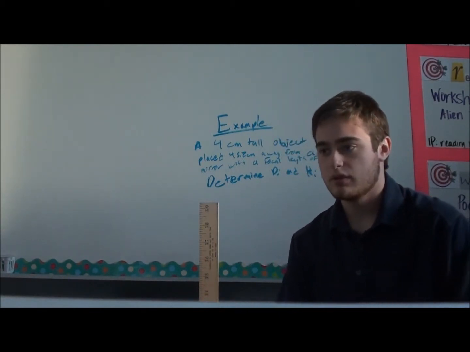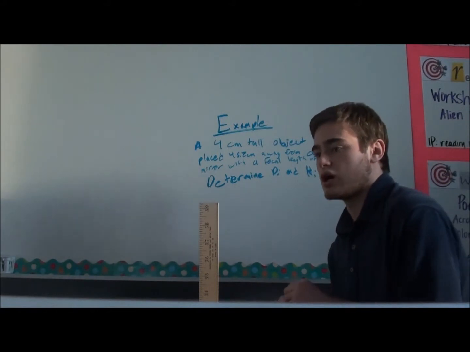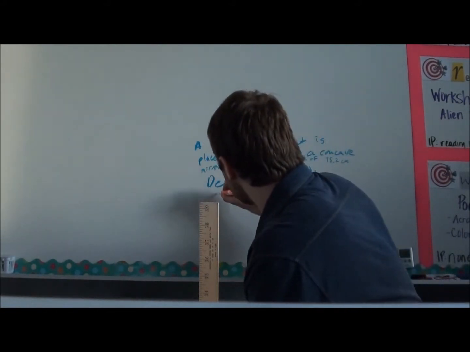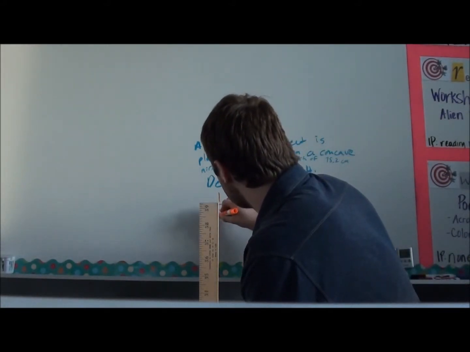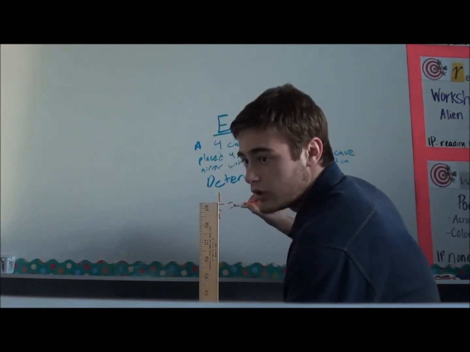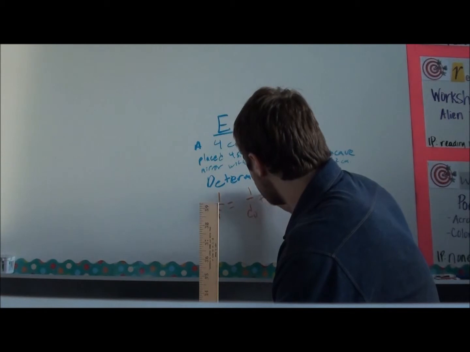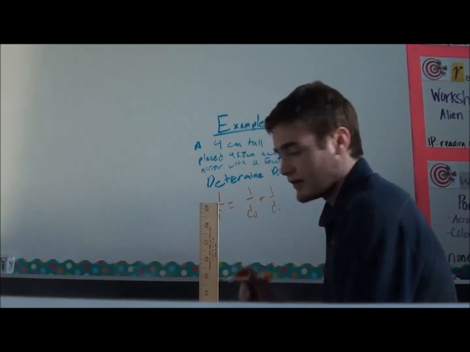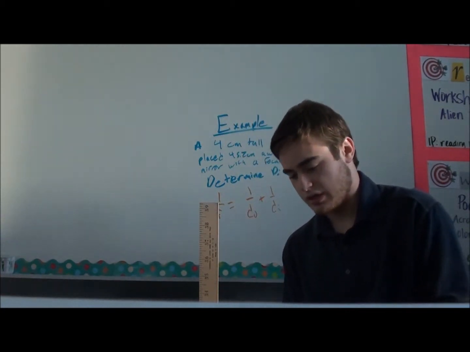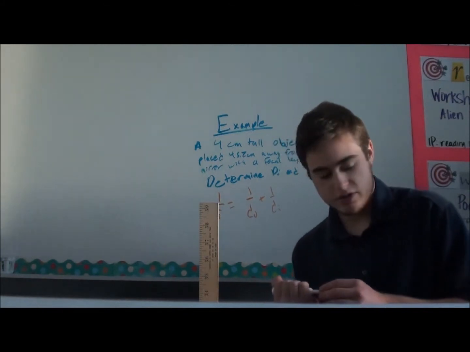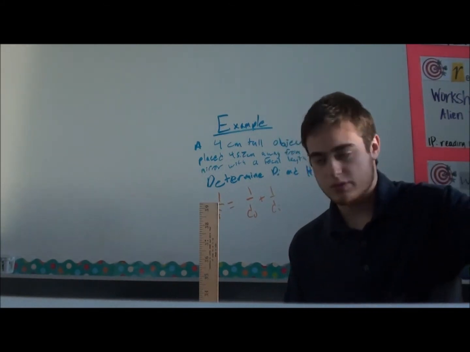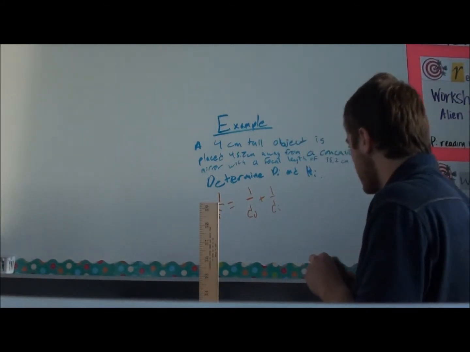To begin, we will use our equation 1 over f is equal to 1 over do plus 1 over di. It's pretty self-explanatory algebra now that we know the equation. So we will sub in our f.